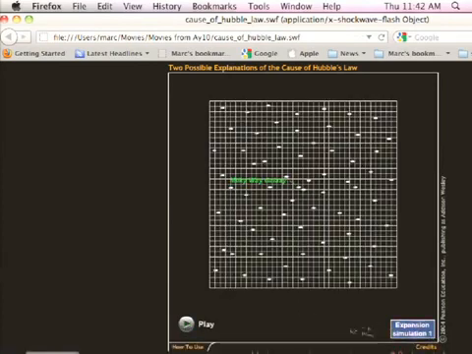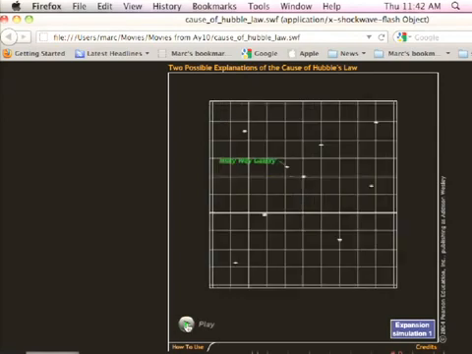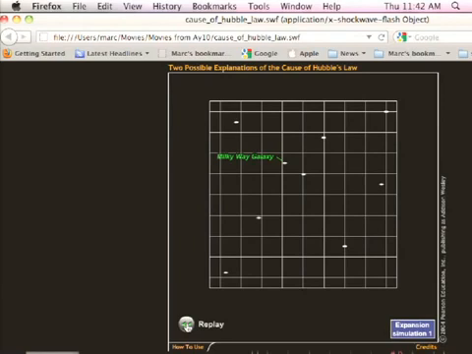Let us say that instead the galaxies are lying on a two-dimensional grid, and the grid expands. So this is a set of grid points. You turn it on, and the grid expands. As the grid expands, the galaxies are pulled apart.